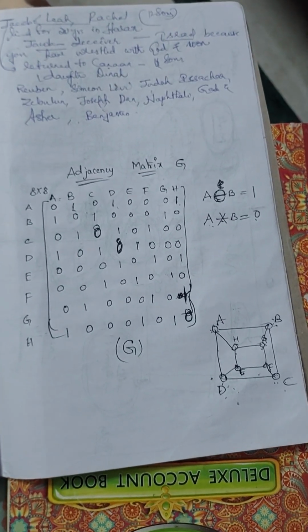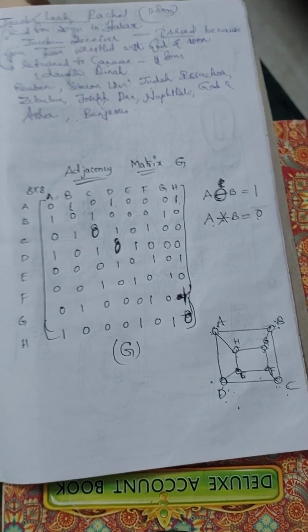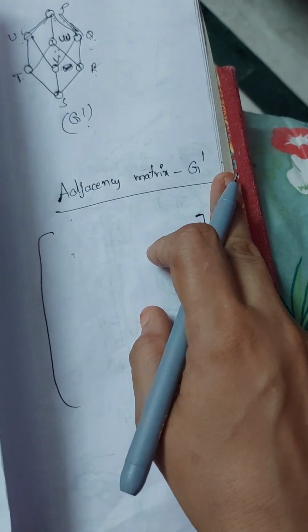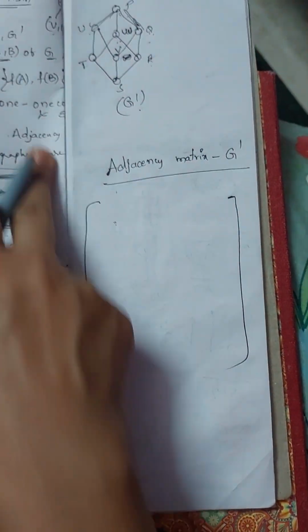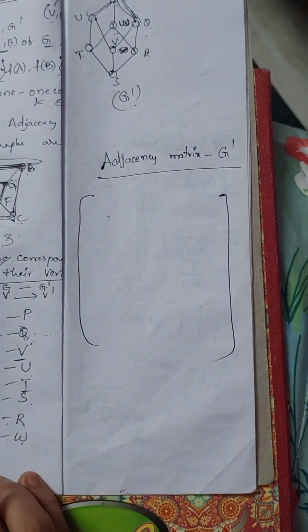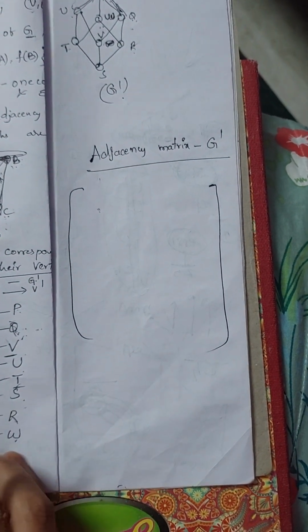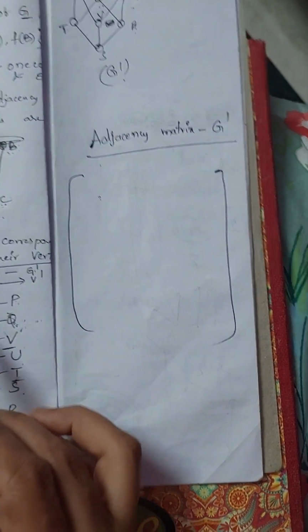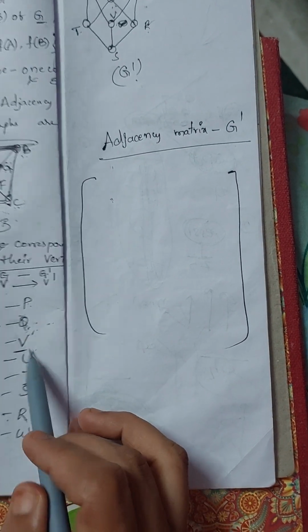In a similar way we need to write the adjacency matrix for G dash also. Before writing it, first of all, how many vertices are there? Total 8 vertices, mapped with different labels.